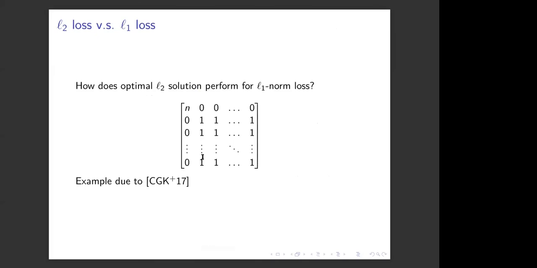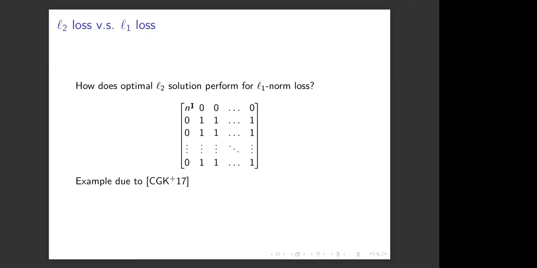So let me just give an example of that robustness to outliers property. Here, you have this example matrix, an n by n matrix. In the top left corner, you have an entry of n, and the bottom right submatrix consists of all ones.